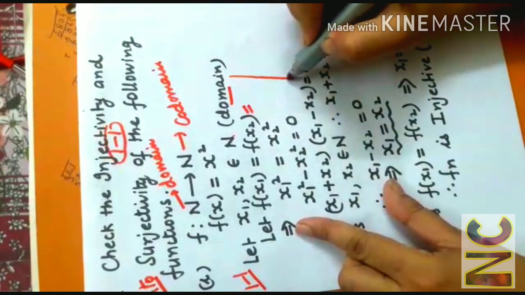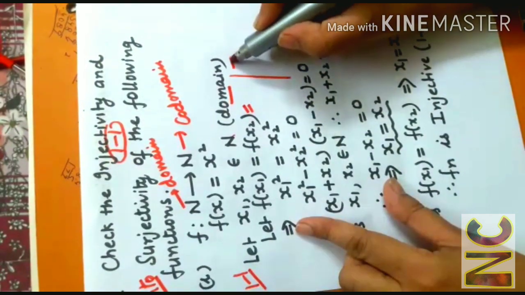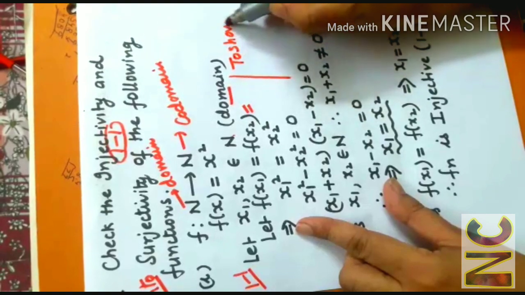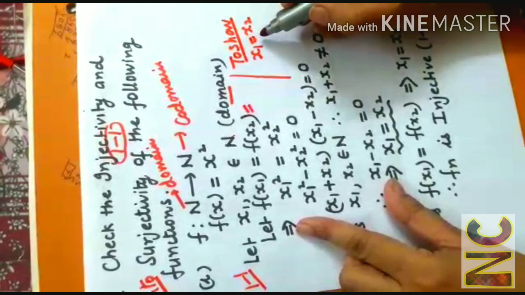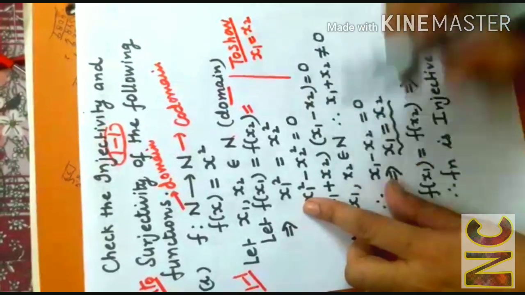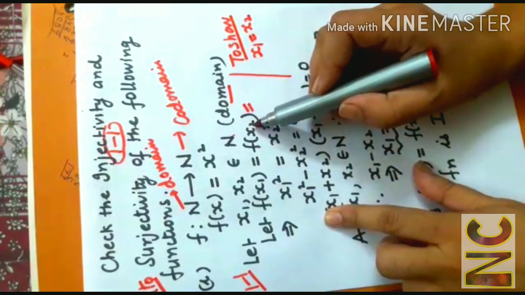So now look here, I have taken that their images are same and I'll proceed to show that the elements are also same. So f(x1) is equal to f(x2).